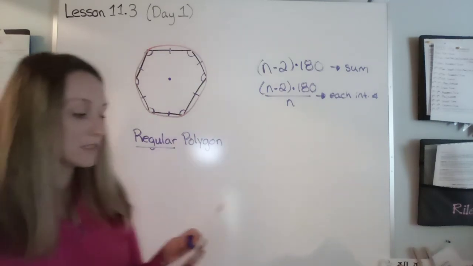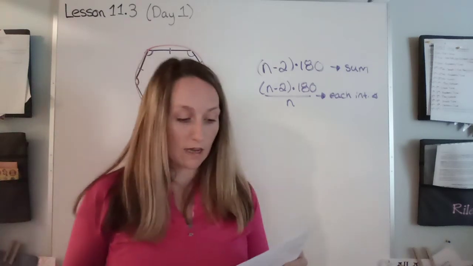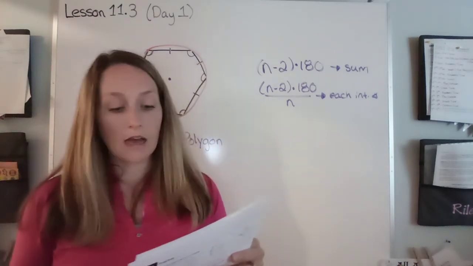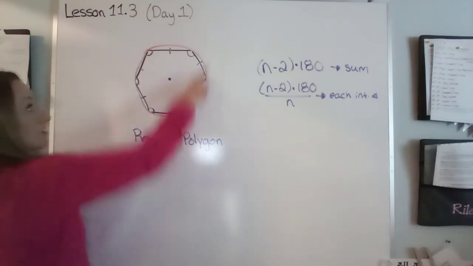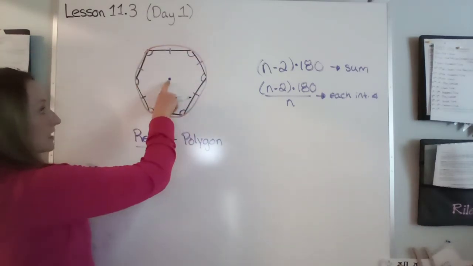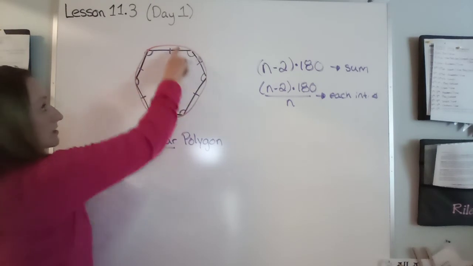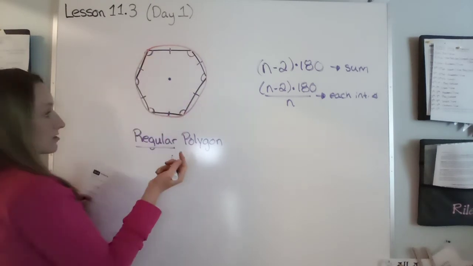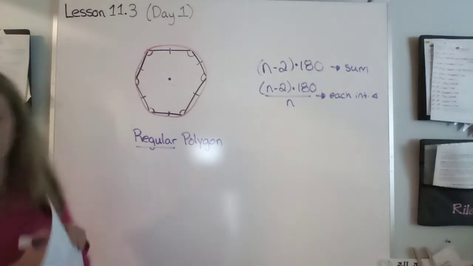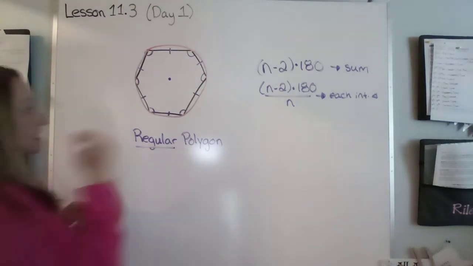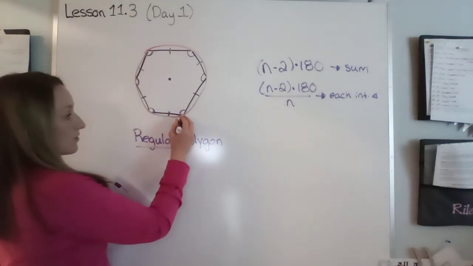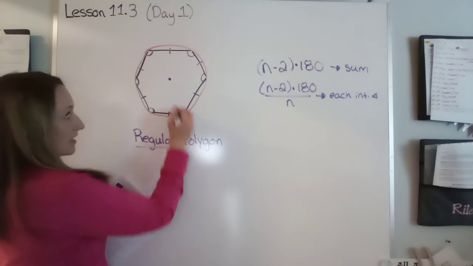All right, then it says the radius of a regular polygon. The radius of a polygon's circumscribed circle. So again, if we have a circle, if I go from the center to any point on the outside of the circle, that would be the radius of the circle. But if we want to look at the radius of the polygon, you're starting at that center, but then you're going to go to one of the vertices, because the vertex of the polygon is on the outside of the circle.